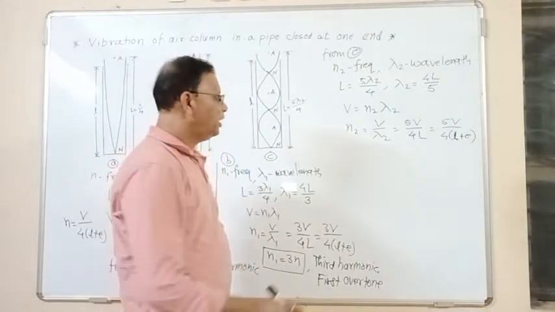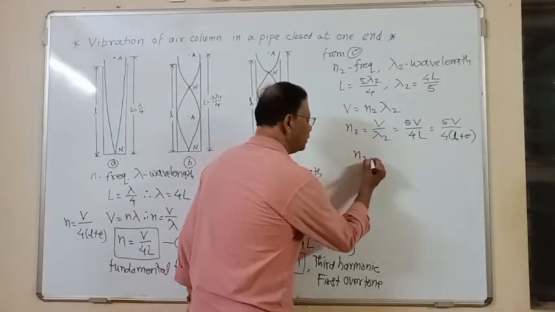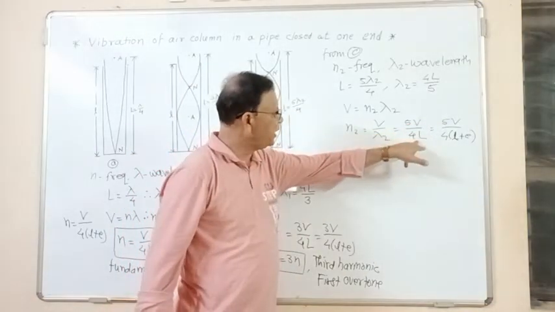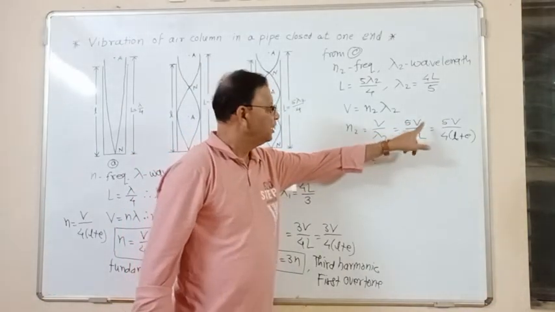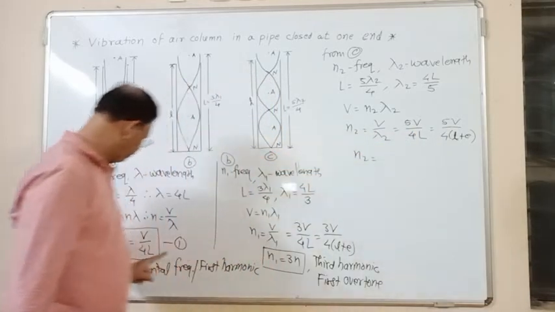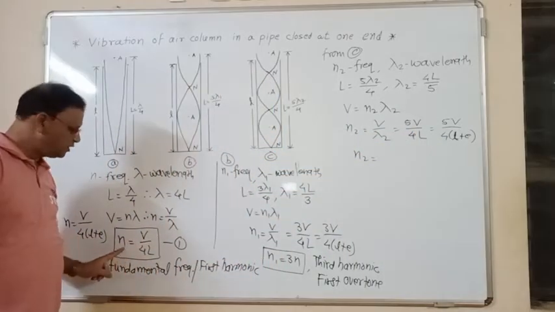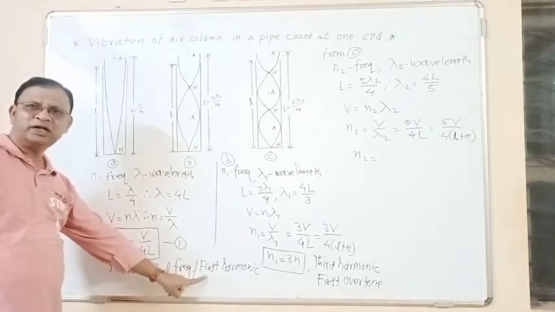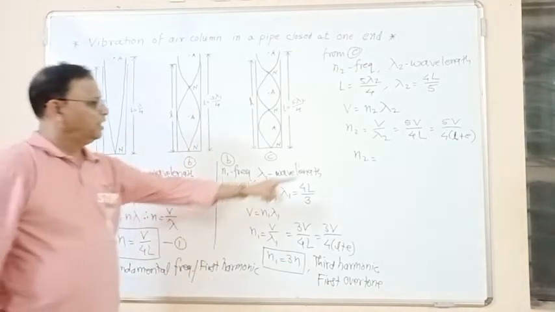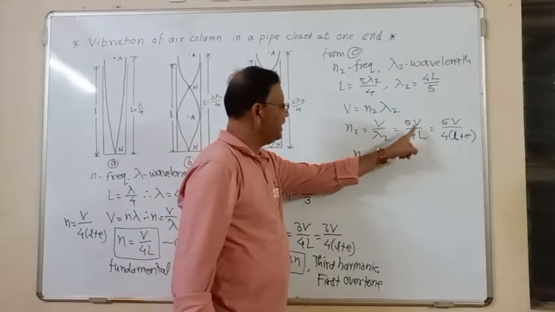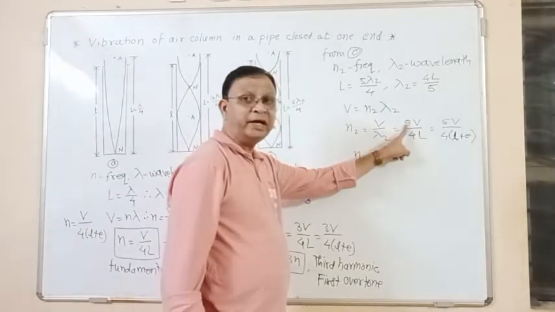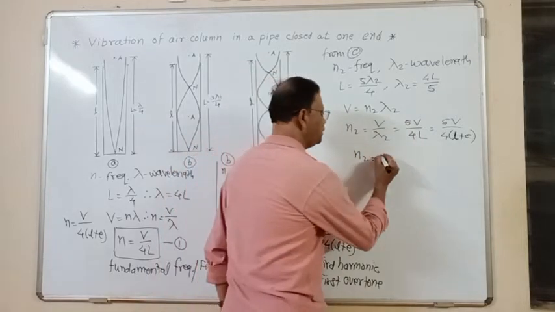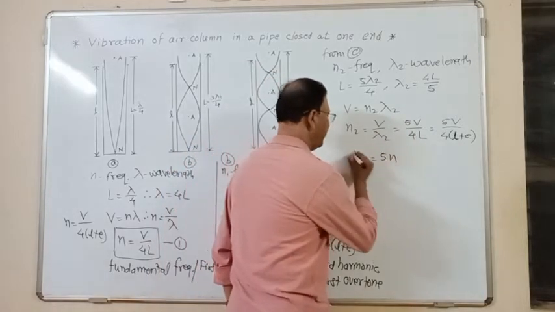Now look here, N2 is equal to 5V divided by 4L. V by 4L is the fundamental frequency, also called the first harmonic. As V by 4L is N, it is 5 times the fundamental frequency. So N2 is equal to 5N.